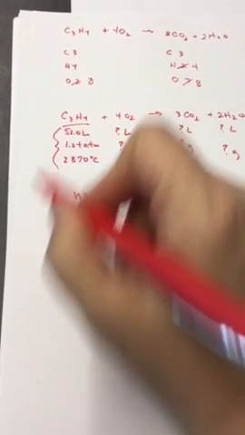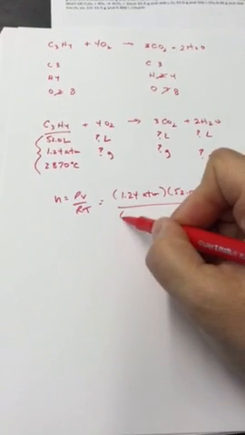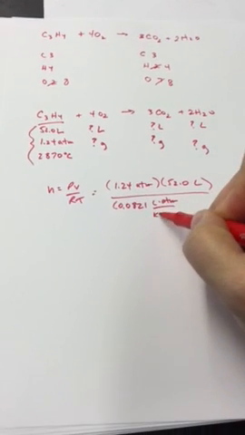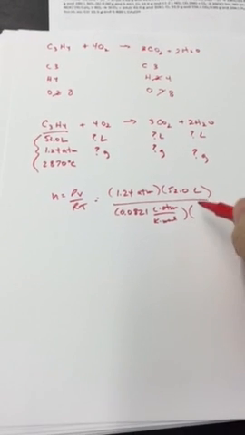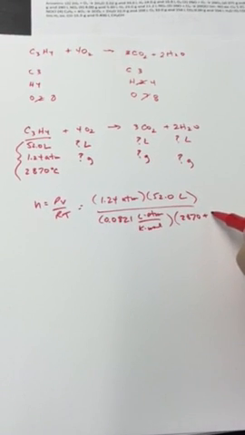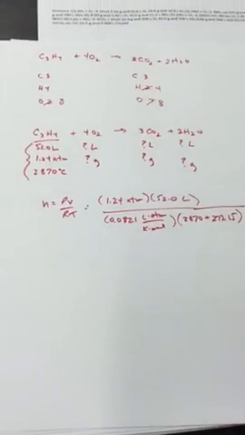Notice this is to figure out the number of moles of propyne. Divided by R, 0.0821 liters atmosphere per K mole, times temperature, which is 2870 plus 273.15 to get Kelvin.